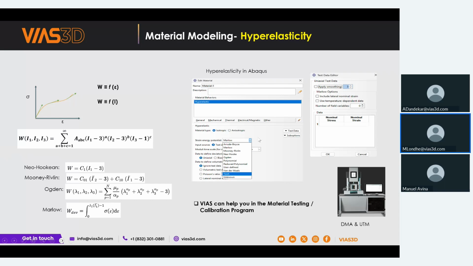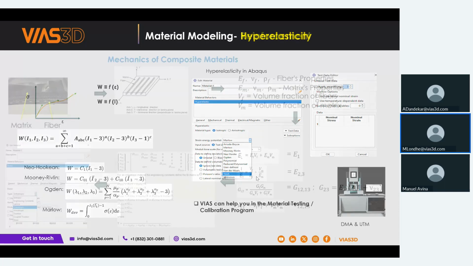Abaqus gives options: if you already have curve-fitted data where you have generated the constants, you can just add those constants, or you can use the test data directly. Abaqus allows you to give uniaxial, biaxial, or volumetric test data. Such test data is generally measured using DMA or UTM machines. So here VIAS can help in material testing and calibration program development.